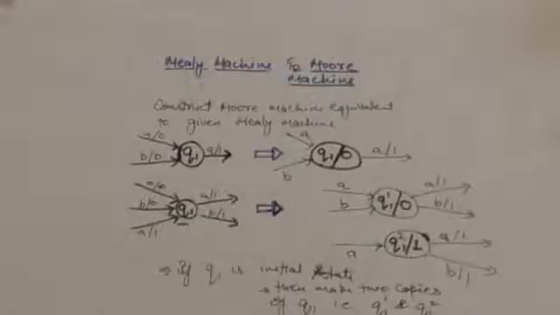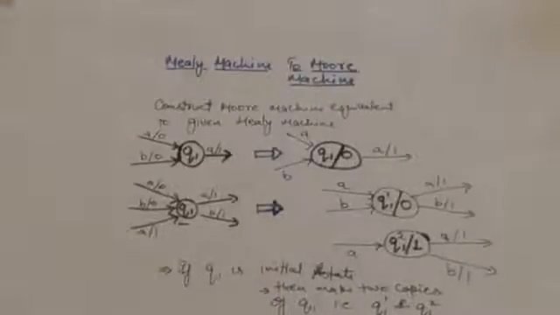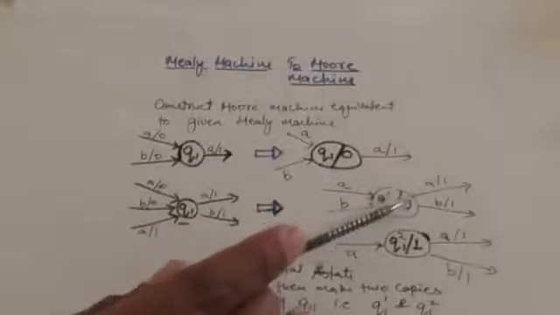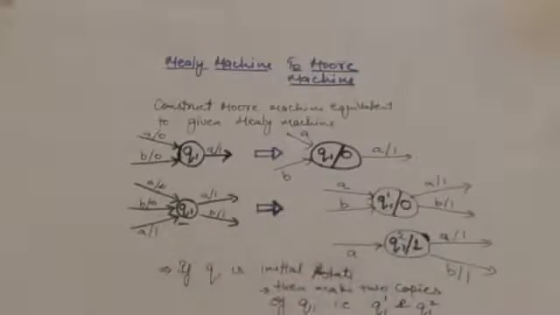In this case I will make 2 copies of the Q1 state when I transform into a state of the Moore machine. With one I will associate output symbol 0 and with the other one I will associate output symbol 1, right?